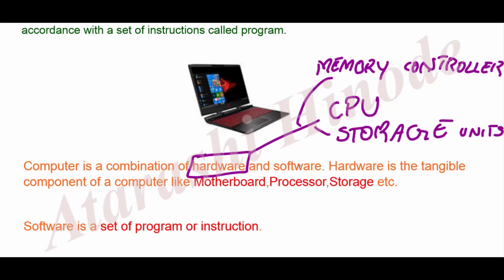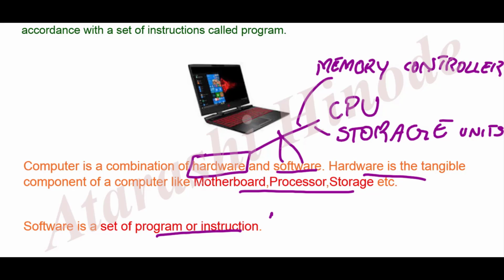Okay, so what is meant by software? Software is a language which can be understood only by a computer. Our normal English cannot be understood by a computer. So software is a set of instructions through which computers can perform functions. Computers perform various functions on the basis of the software defined in them. So hardware is a tangible component of a computer like the motherboard, processor, or storage, and software is a set of programs or instructions.